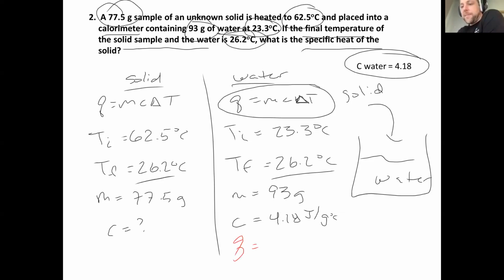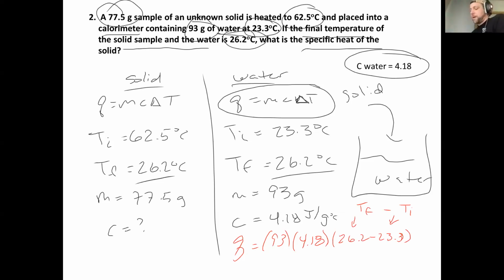We have 93 grams, the specific heat value of water, which I'm using 4.18. And then the delta T for the water is going to be T final minus T initial. So I'm going to take the final temperature, 26.2, and subtract from it the initial temperature, 23.3. And this is a way of solving for delta T, where you're doing T final minus T initial.